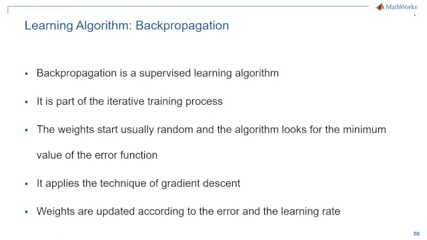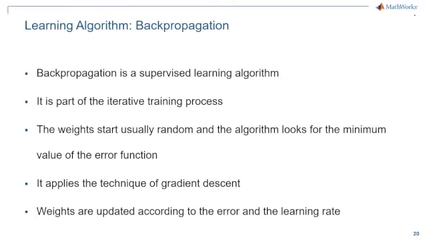So let's go to backpropagation, our last theory topic. Backpropagation is a supervised learning algorithm for training artificial neural networks. The backpropagation algorithm looks for the minimum value of the error function in the weight vector space, using a technique called gradient descent, which I will explain. The weight that minimizes the error function is considered a solution for the learning problem.